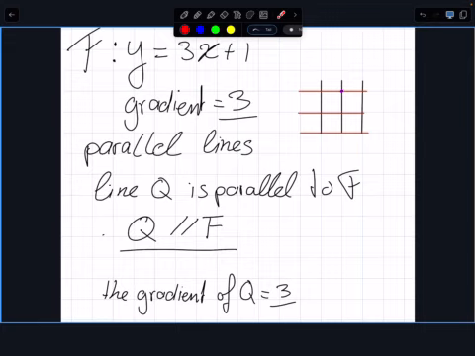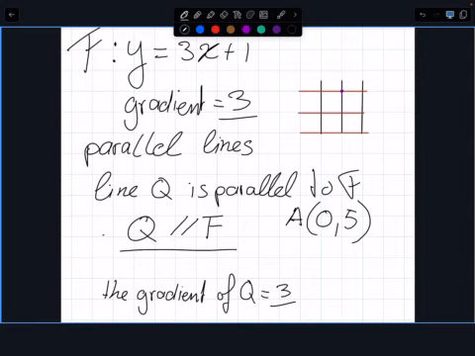And then to finish off, line Q is parallel to F and goes through the coordinate 0, 5. Write down the equation of line Q. It's given to you.